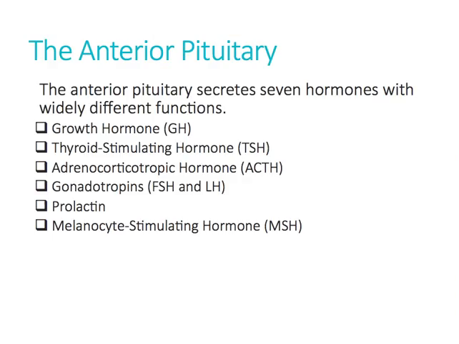The anterior pituitary actually secretes 7 hormones, and these 7 hormones all have widely different actions. One of them is growth hormone. Growth hormone stimulates cell growth. Its primary target is muscle and bone. There's also thyroid stimulating hormone, or TSH, and it stimulates the thyroid gland to produce its hormones.